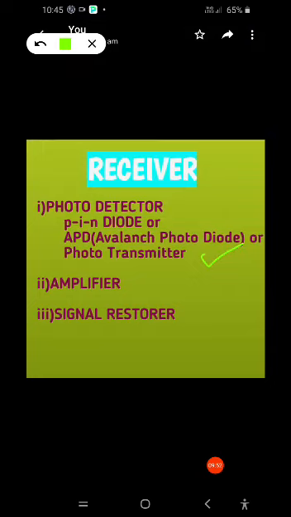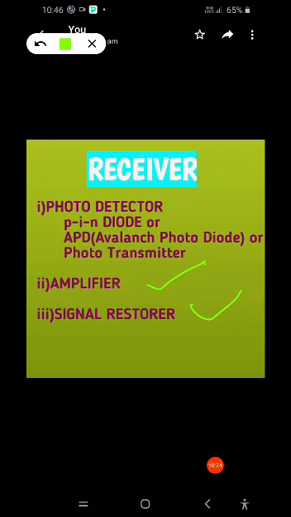The photodetector converts the optical signal into an electrical signal, and that signal is given to the amplifier and then the signal restorer. These two blocks amplify the electrical signal and restore the original electrical signal.